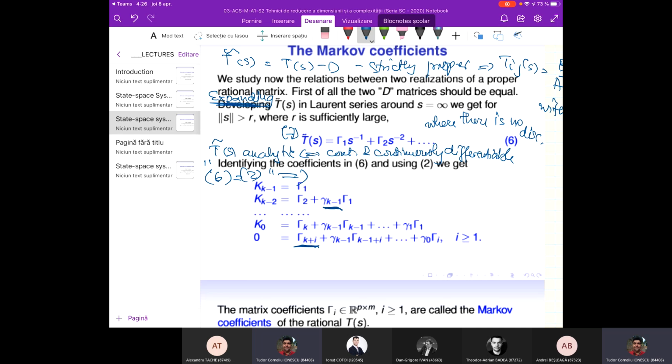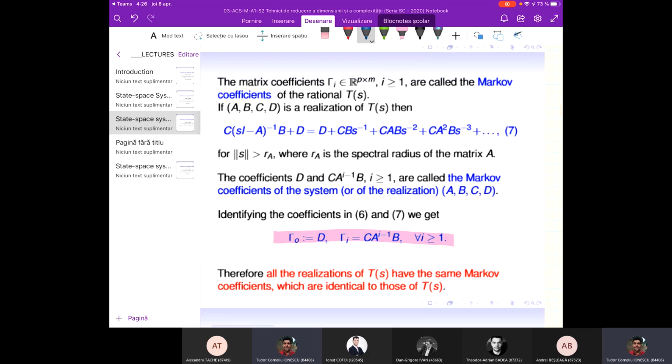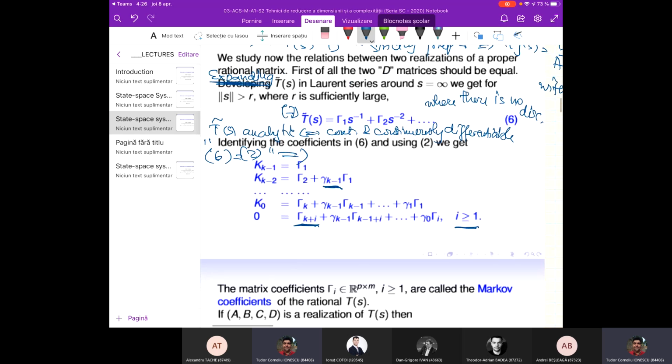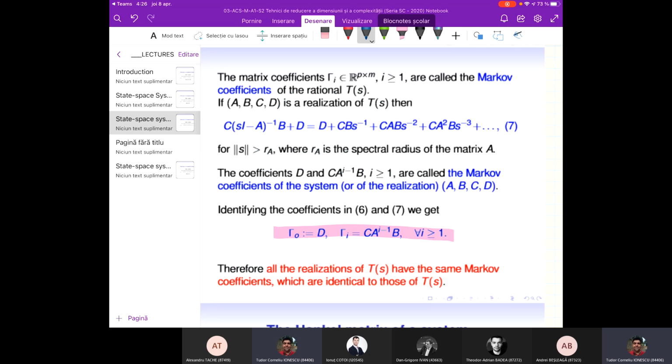Okay, where you stop at a certain index i, which is larger than 1. The matrix coefficients gamma i, which you have just computed through this relation, are called the Markov coefficients of the rational function T(s).